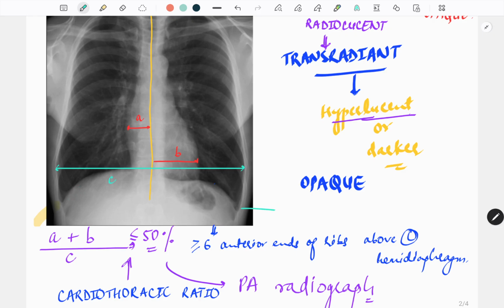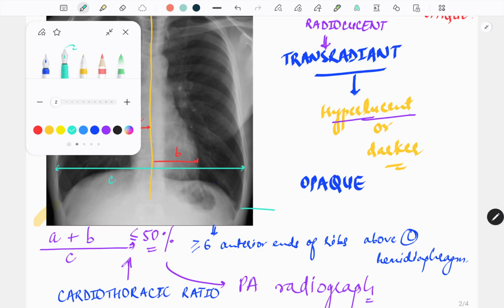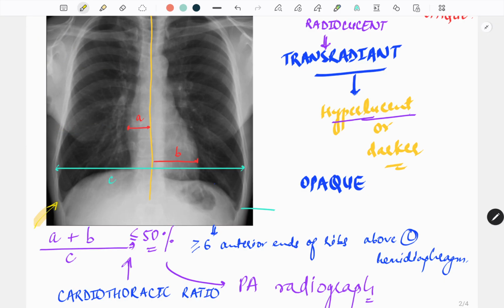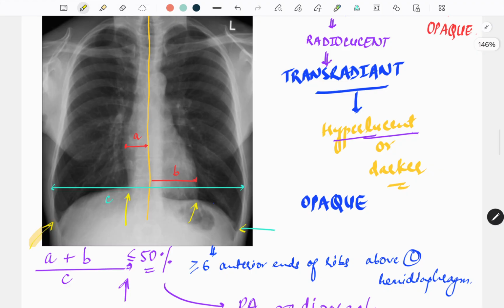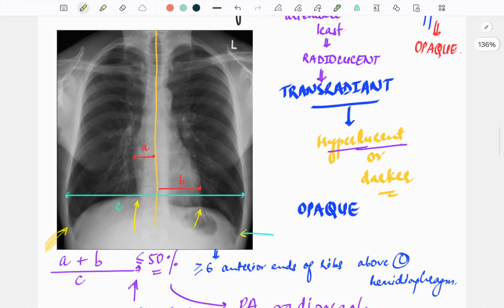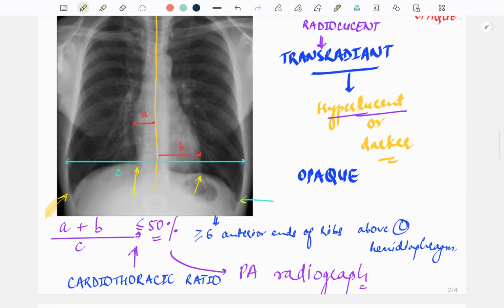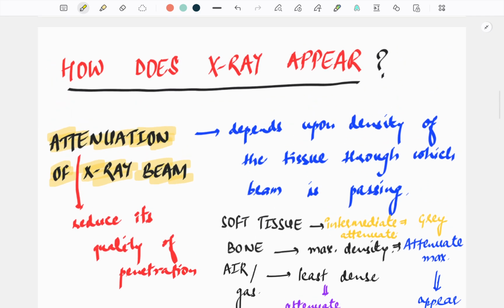This is the right costophrenic angle, this is the left costophrenic angle, this is the left cardiophrenic angle, this is the right cardiophrenic angle. Both the domes of the diaphragm should appear well defined and throughout.